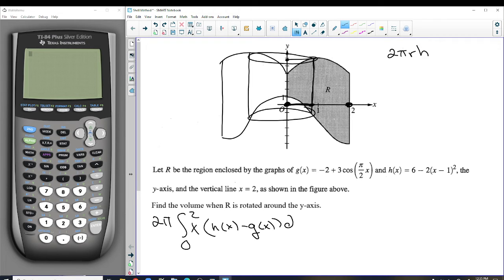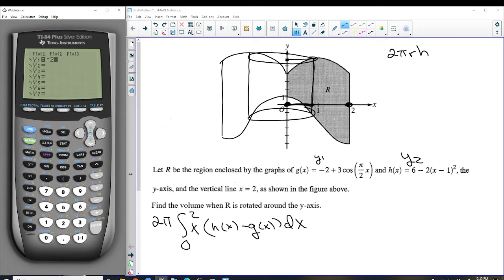I think you guys could get this on your calculator, but I want to remind you how to use variables. So let's go to y equals. Let's put h into y1 and g into y2, I guess.